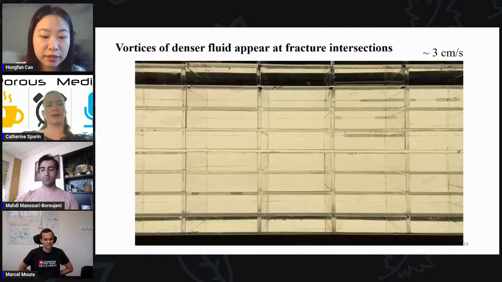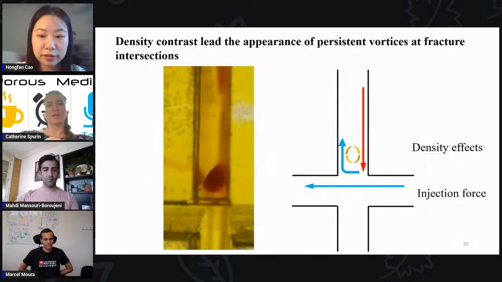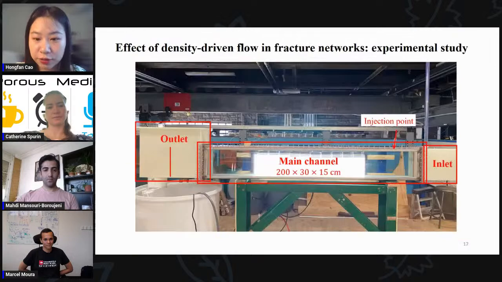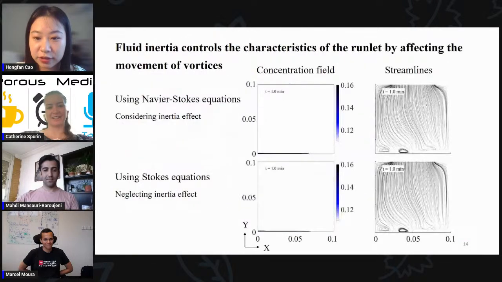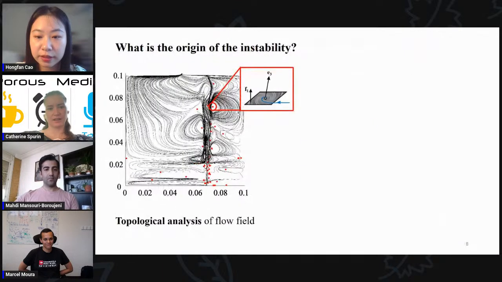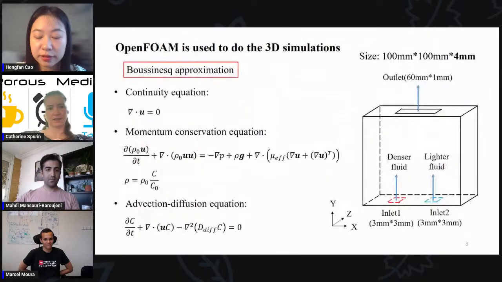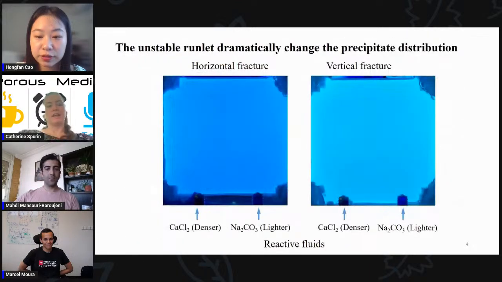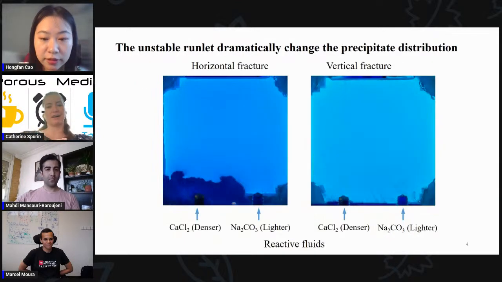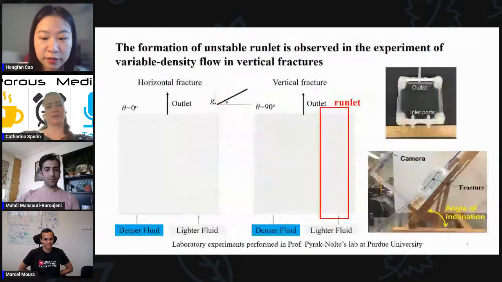If you go back to the case where you had the horizontal fracture versus the vertical fracture. You mean the experiment about precipitation? These two videos? Yeah, it seems like the time over which the dynamics are occurring is very different, and I was wondering if the timescales were something that you've looked at.